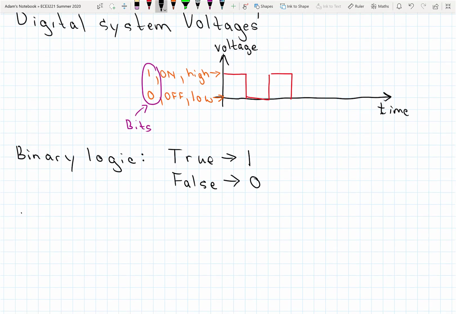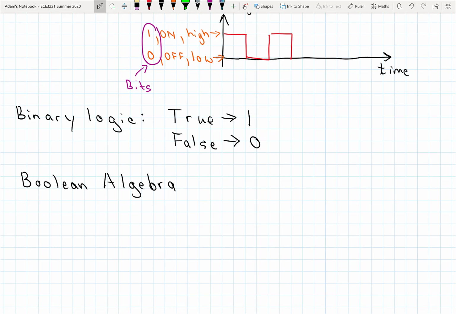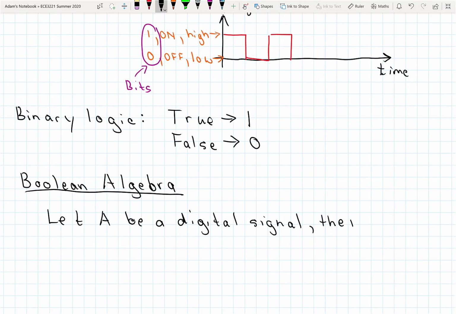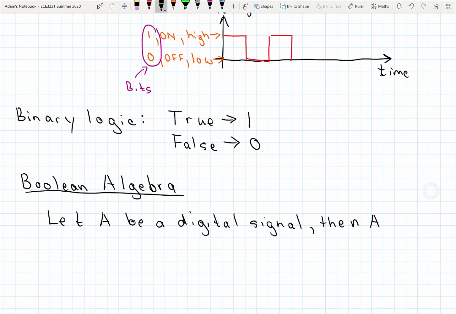Let's talk very briefly about Boolean algebra, something that is also a review. Okay, so let the letter A be a digital signal, then A can have a value of 1 or a value of 0.